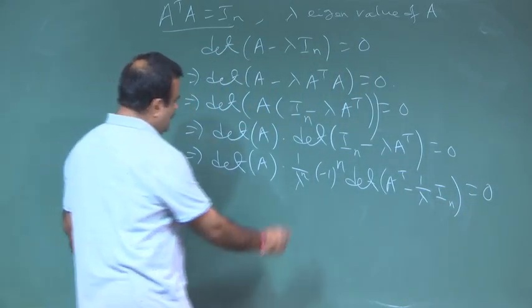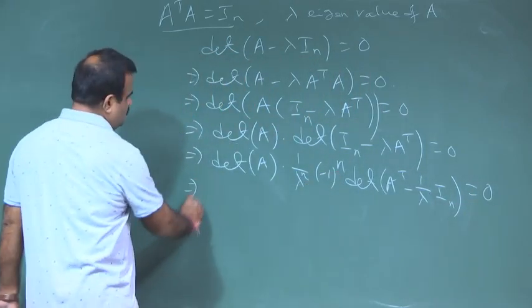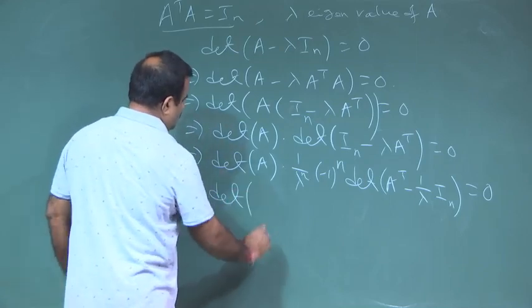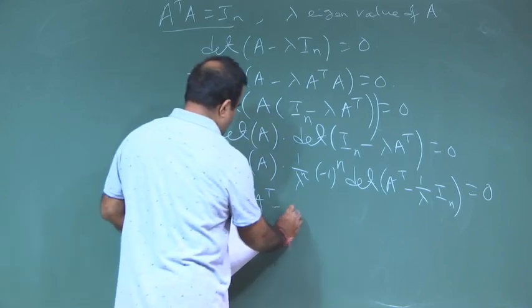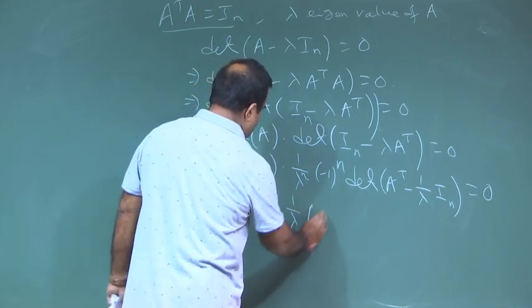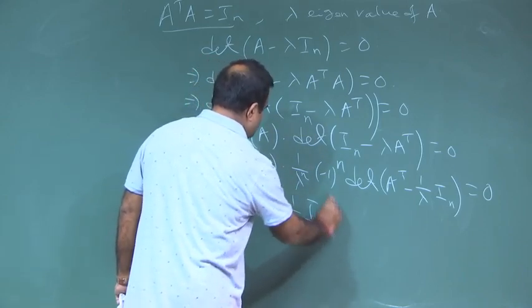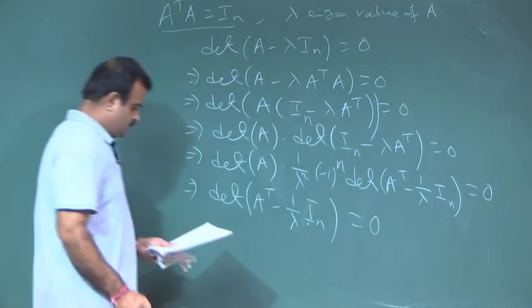Now, these factors are all non-zero, so this implies det of A transpose minus 1 by lambda I_n is equal to 0.